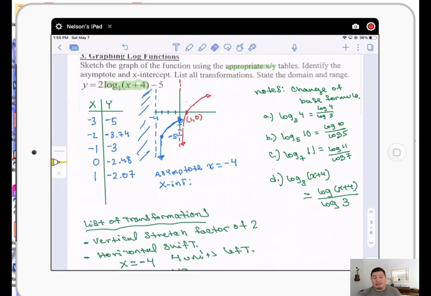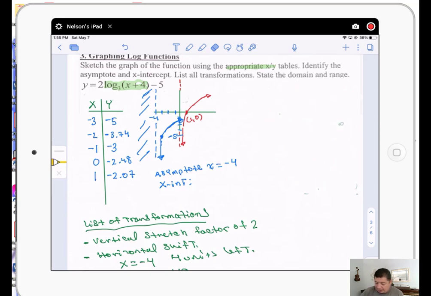We're going to solve for the value of x, okay? And again, I apologize for this video being so long, but let's go ahead and do the following. I'm going to take my y is equal to 2 log of 3x plus 4, and then -5. All right, so what I'm going to do is solve for my value of x. To solve for the value of x, I need to set y equal to 0.